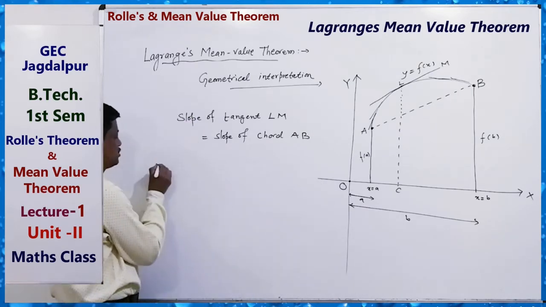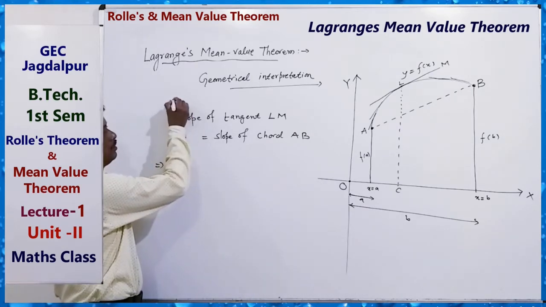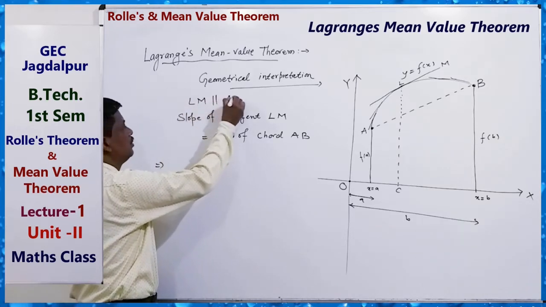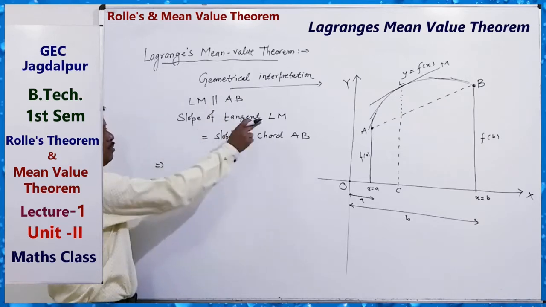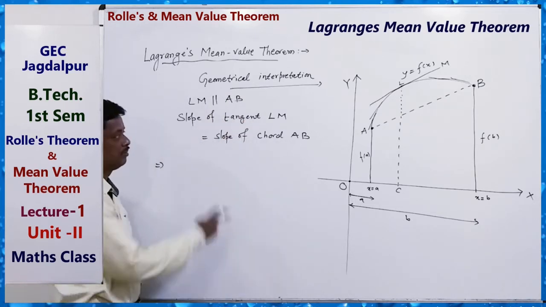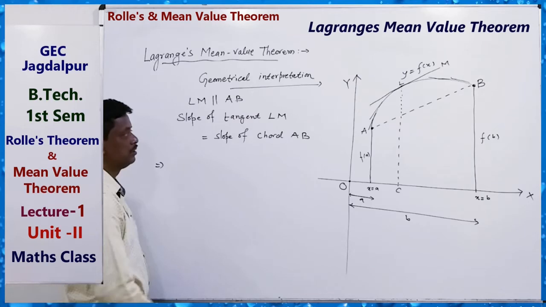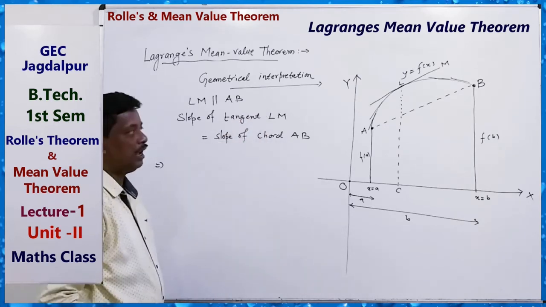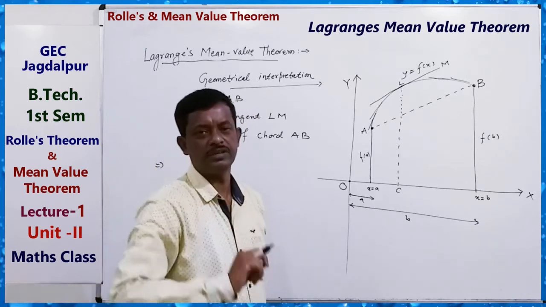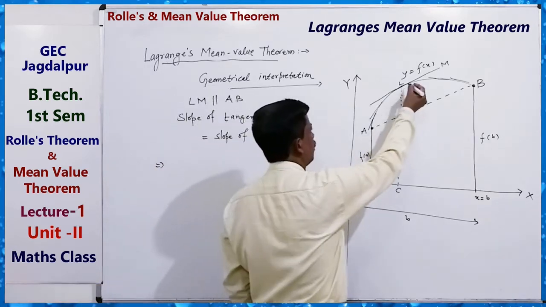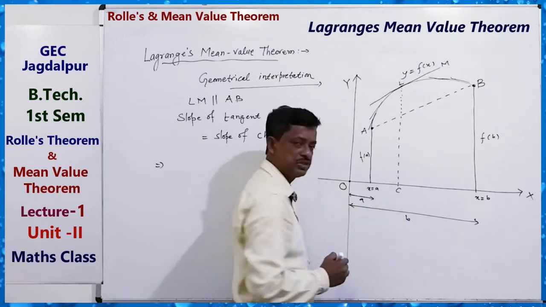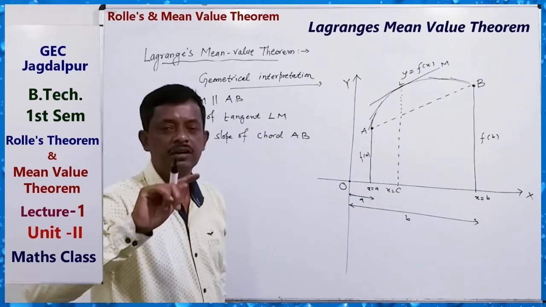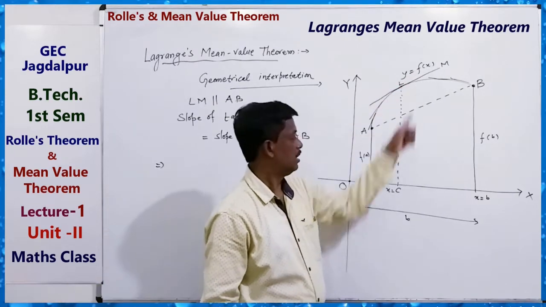Okay, so here LM is parallel to AB. So slope of tangent LM is equals to this, and according to differential geometry, slope of this tangent at this point x equals to c is given by the derivative of curve at this point.